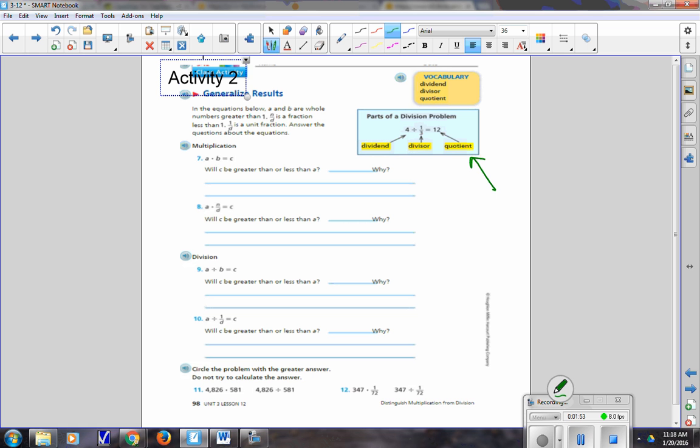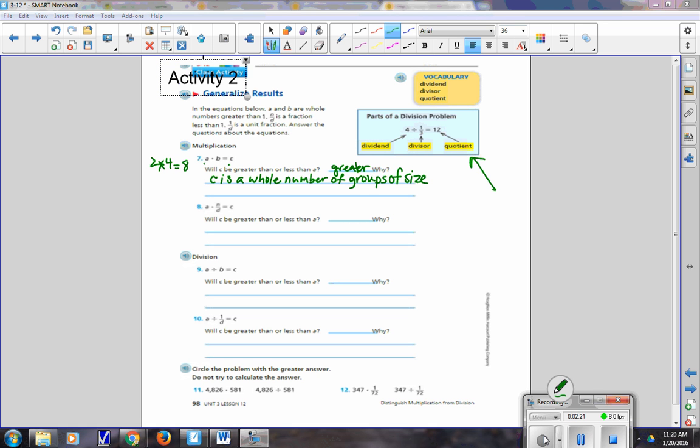So if A times B equals C, will C be greater than or less than A? Let's plug in 2 times 4 equals 8. Will C be greater than or less than A? Say it. Greater. Why is it greater?